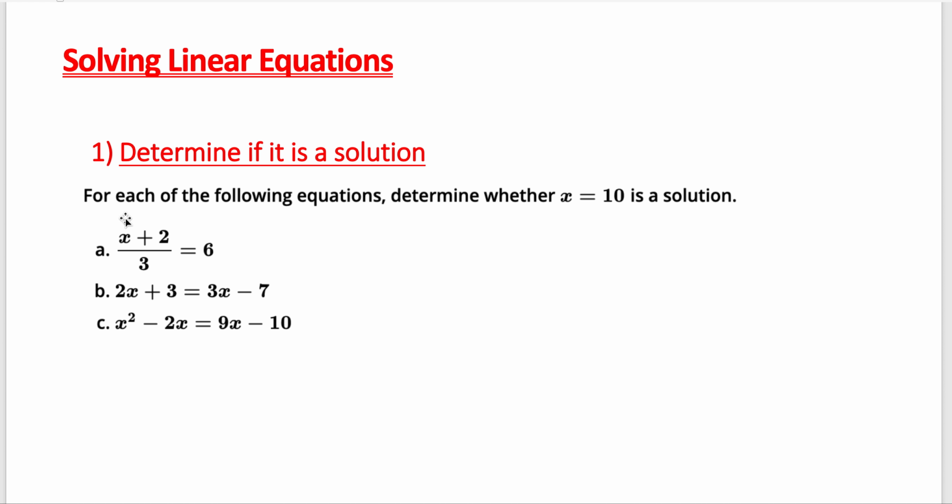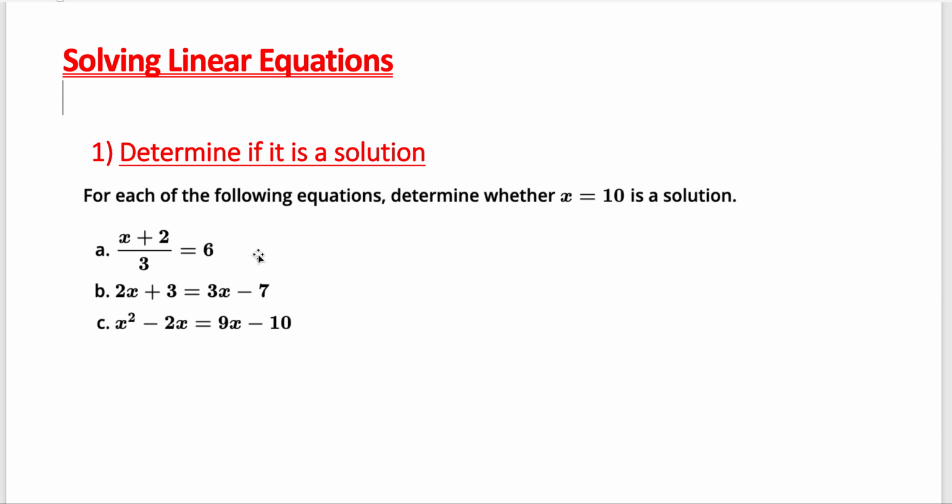Okay, so let's start. First example. These types of questions are the ones where you have to determine if it's a solution. It says, for each of the following equations, determine whether x equals 10 is a solution. The way that we do this is that if it's a solution, then if I sub in x equals 10 in the first equation, for example, I will get the answer that is equal to 6.